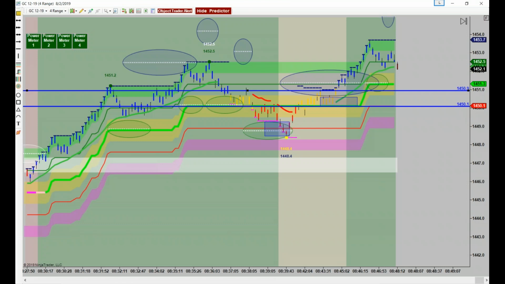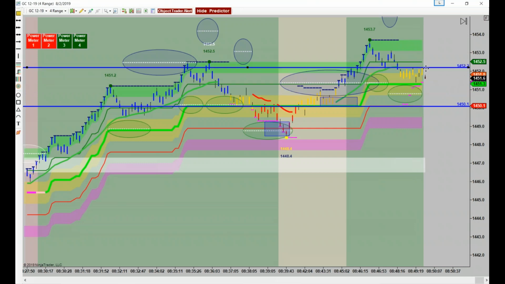So let's see what they do. All right, you got a mid-band trade setting up, right? Did you get in the mid-band trade? Nope. Be right there, wouldn't it?